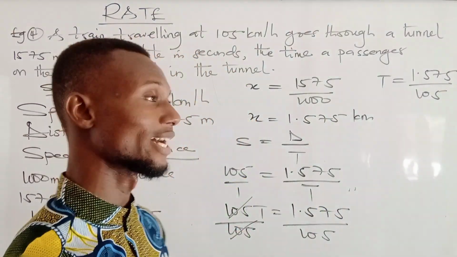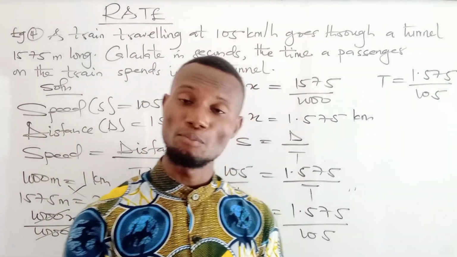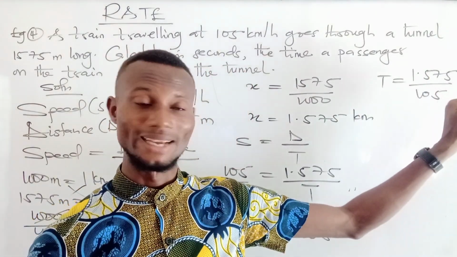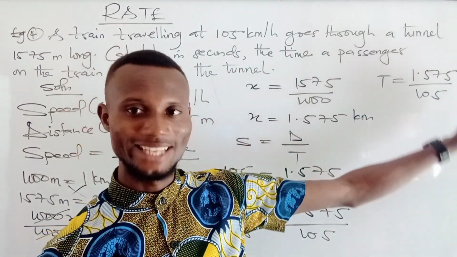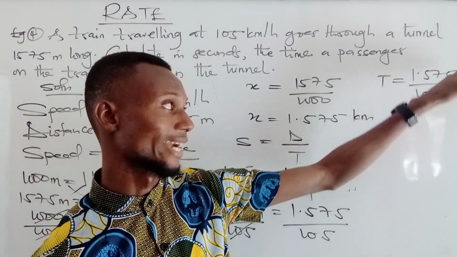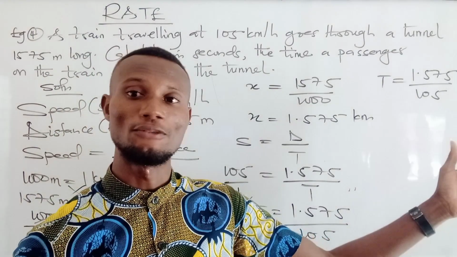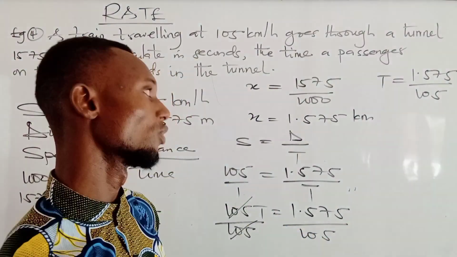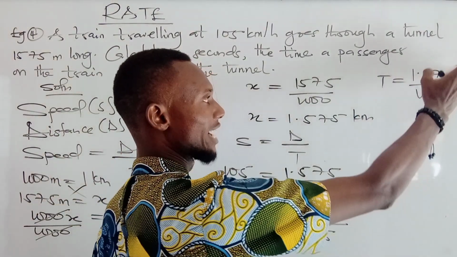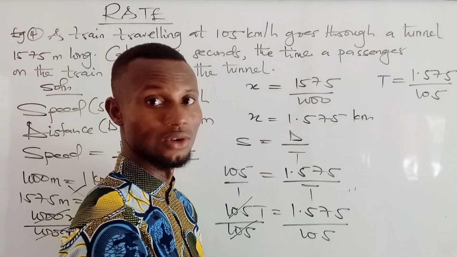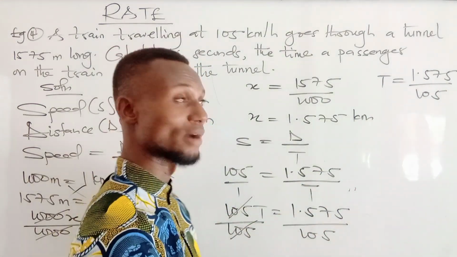I can choose to multiply both the numerator and the denominator by 1000, in that way I can clear the decimal from it so that it becomes simple to simplify. So I'll multiply both the numerator and the denominator by 1000 to remove the decimal.